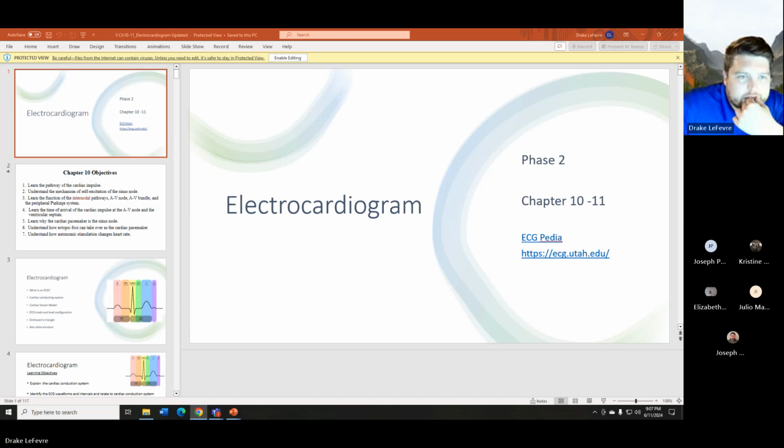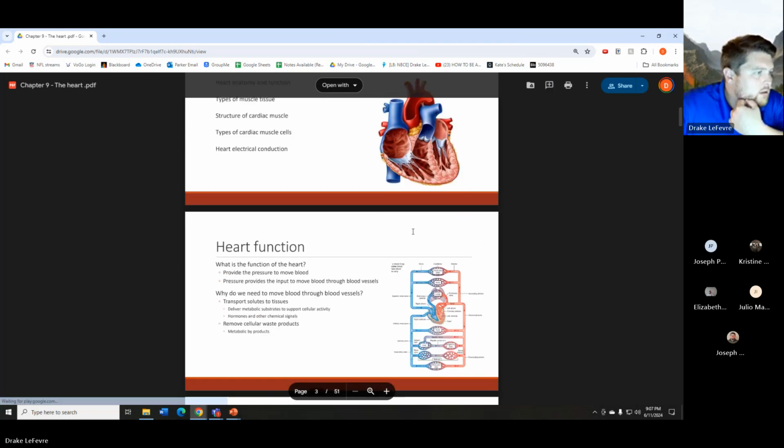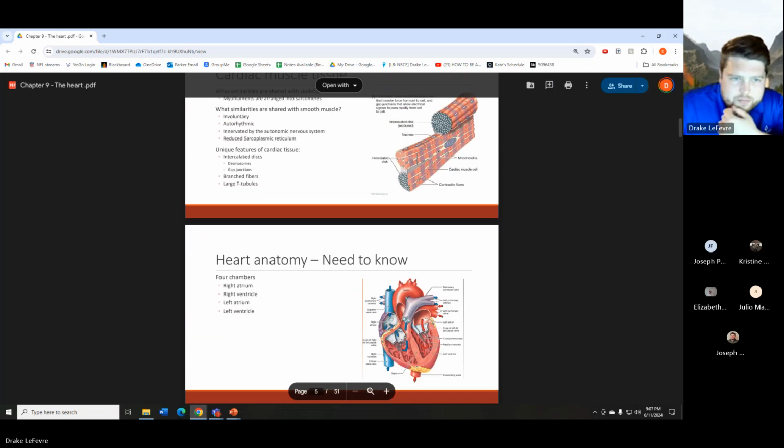Okay, cardiac output. What are the names of the slides that you guys have this week? So there's chapter 9, and this one is called the heart. Do you guys know what the other names are? Cardiac arrhythmias and ECG interpretation. One sec.